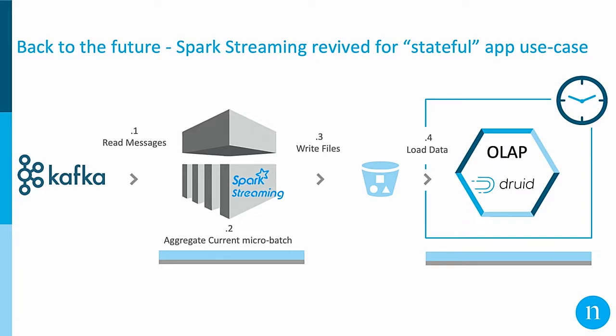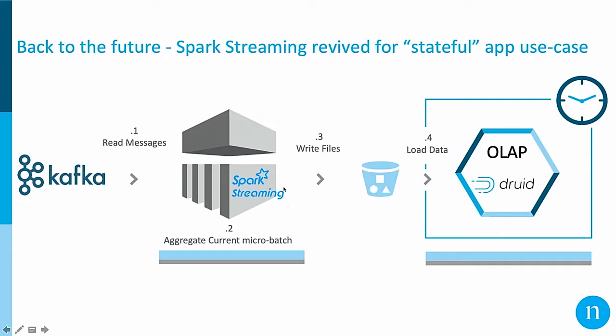Now, going back to the future, so to speak, at this point, we revived Spark streaming applications, even for stateful applications. So going back to the same example, what did we replace now? Again, same Kafka with same raw data, raw messages. But now we went back to Spark streaming applications, doing aggregations on the current microbatch level, and writing the aggregated data to S3.